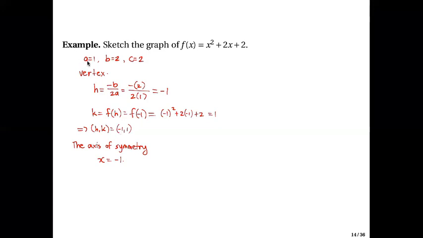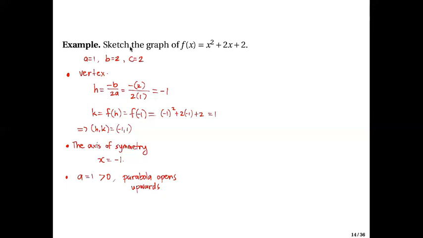And since your a is greater than 0, in here your a equals 1, which is greater than 0, the parabola opens upwards.